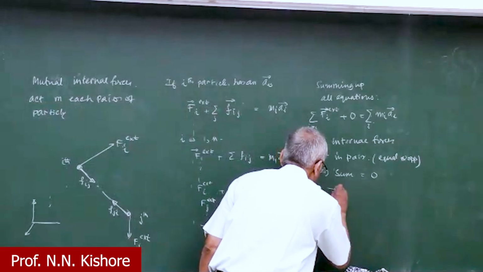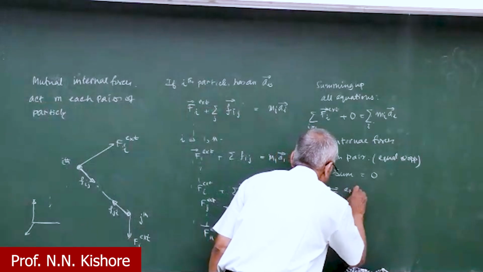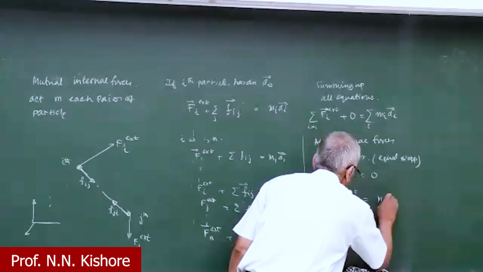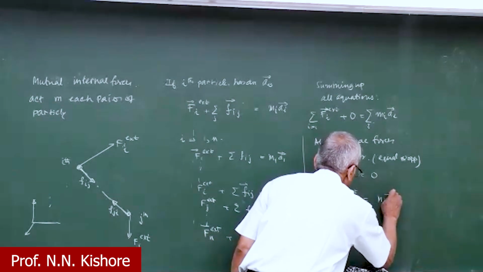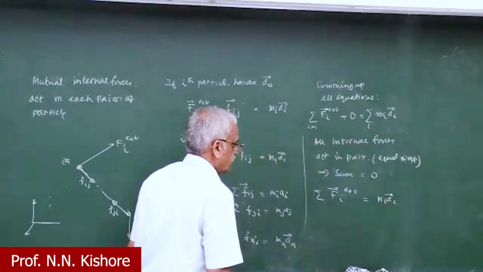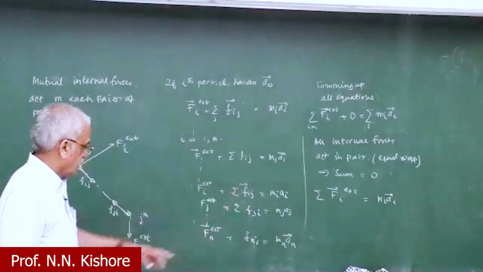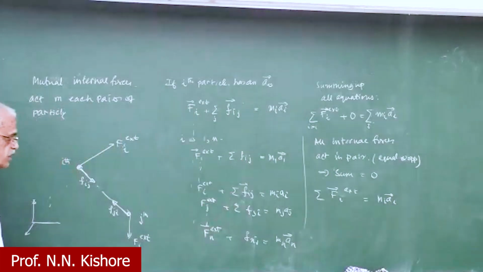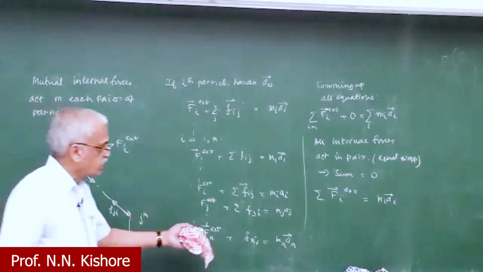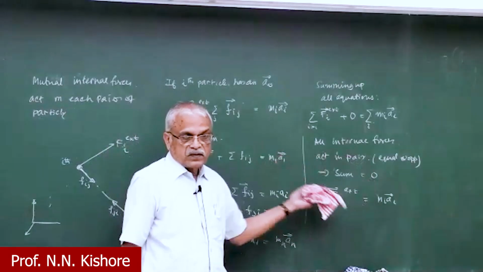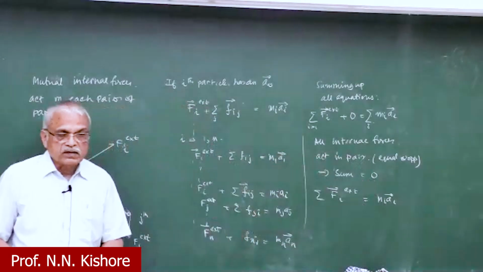So this second derivative with respect to time is taken out because Mi is anyway constant. So this is how it looks. We can further simplify this Mi Ri by using the concept of center of mass.